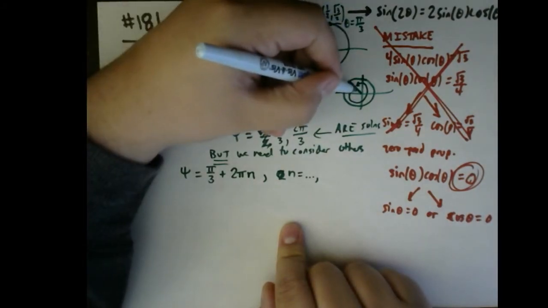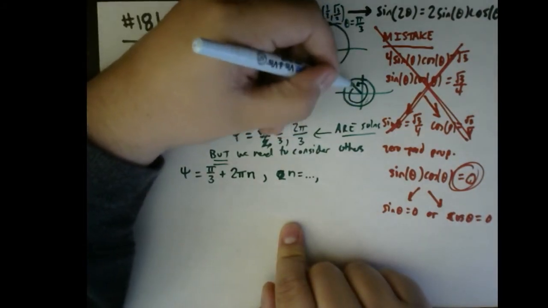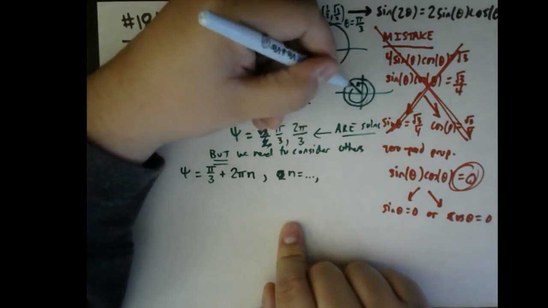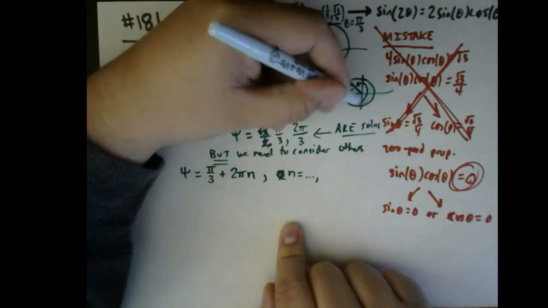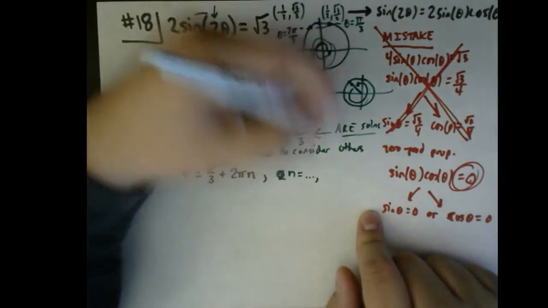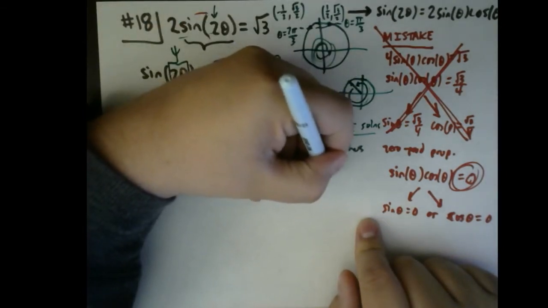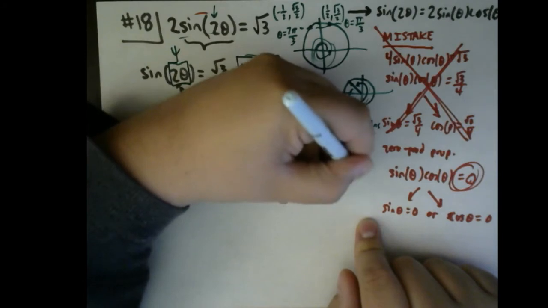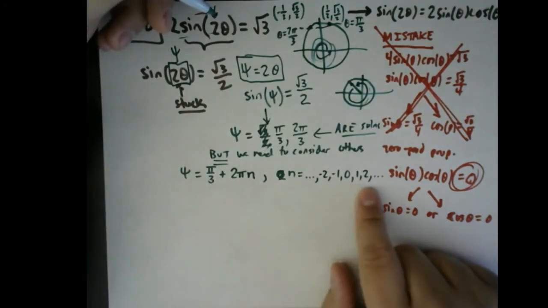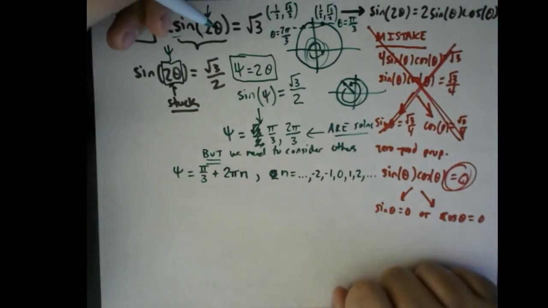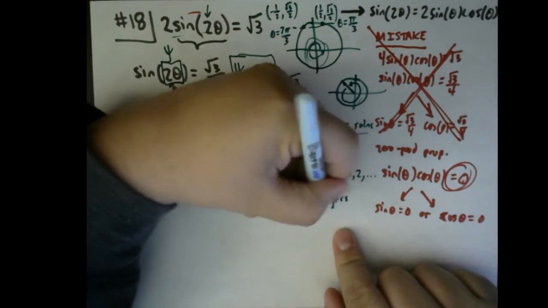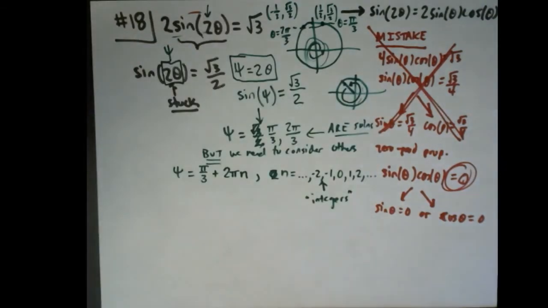If I instead went this way clockwise, that's considered a negative rotation, and I would end up at the same point. So we're actually letting n be any integer. Integer means these numbers, so 0, 1, 2, 3, and their negatives. These are called integers. That's the fancy math word for them.